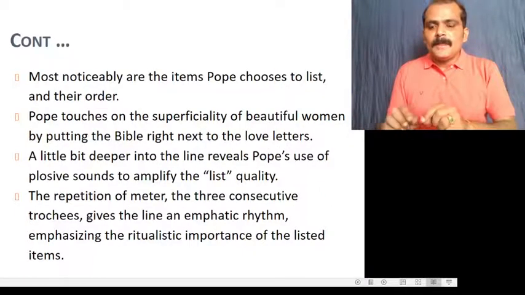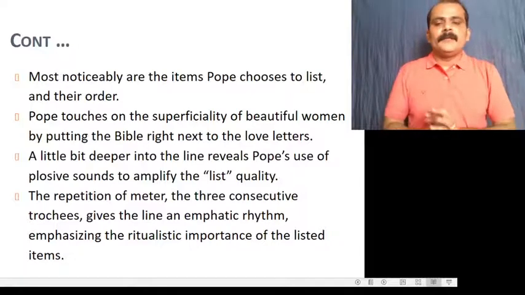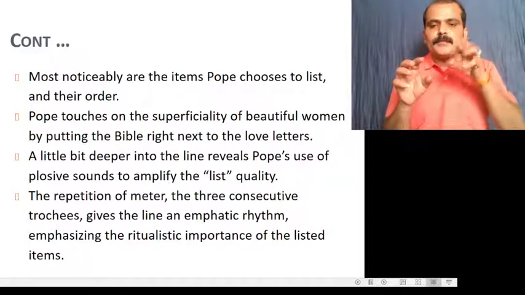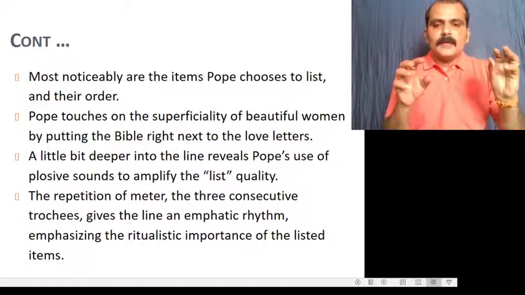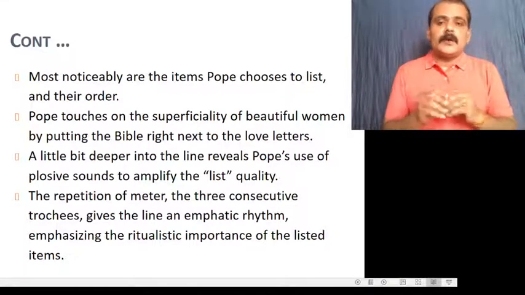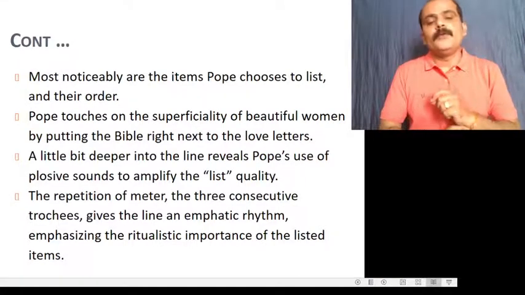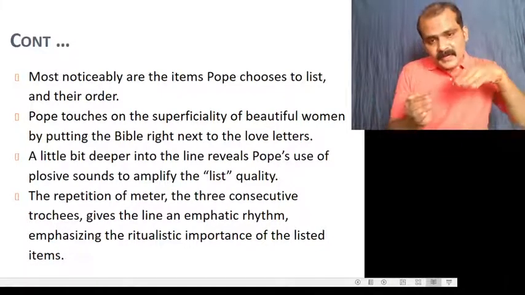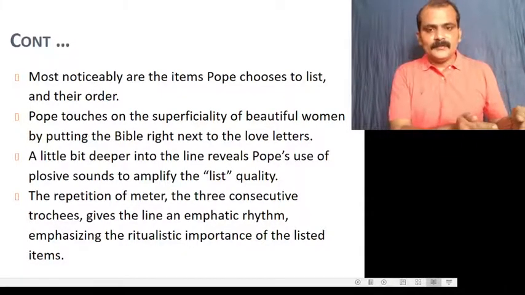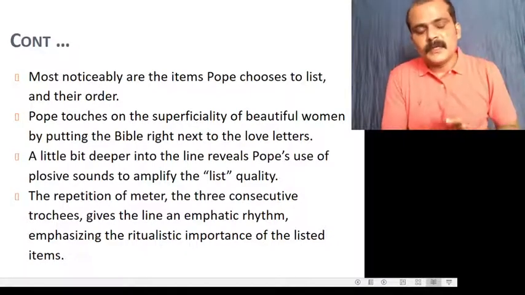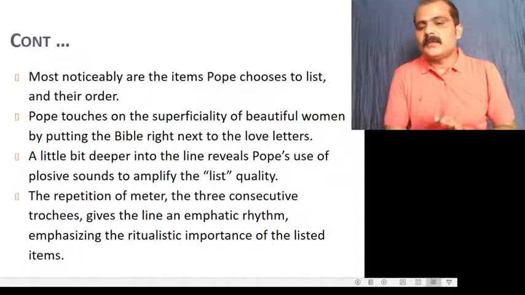Most noticeably, the items Pope chooses to list out, as I told, puffs, powders. Look at how their order is there. Pope touches on the superficiality of beautiful women by putting the Bible right next to the love letters. Look at that, these are all references, biblical reference also.